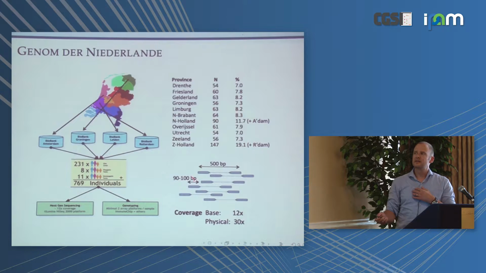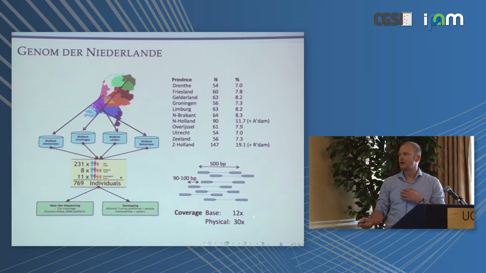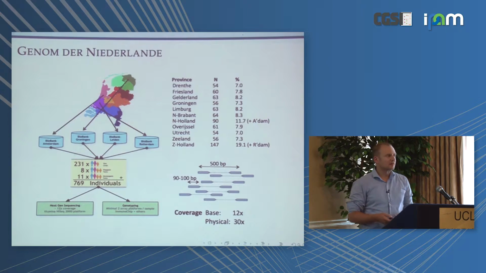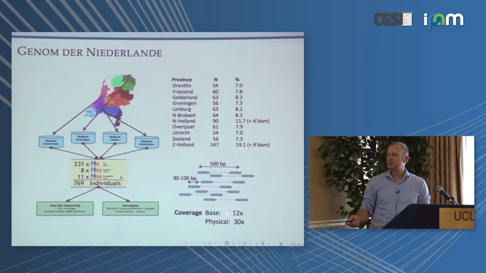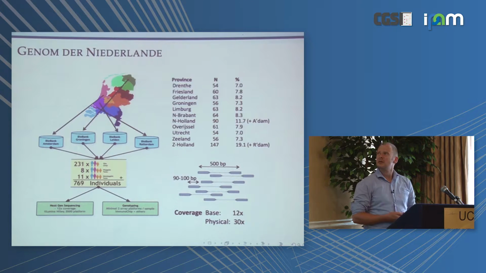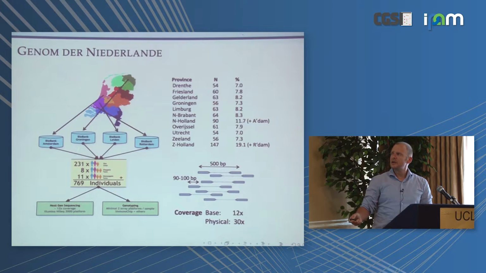We sequenced them all at medium coverage, 12x, I think on average actually 15x in the end, fairly evenly distributed across the regions of the Netherlands. This was the data we had to deal with.